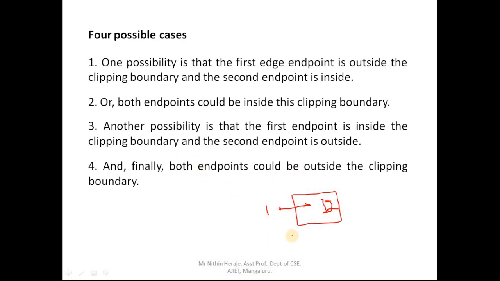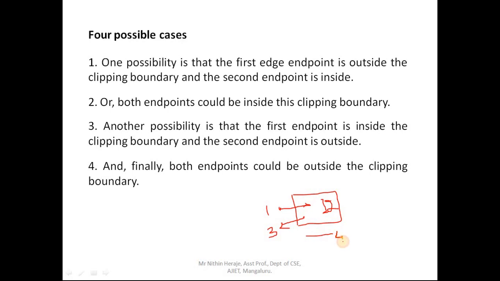Next, another possibility is that the first end point is inside the clipping boundary and the second end point is outside. So this is the first end point and the second end point is outside. This is the third case, from inside to outside. And finally, both the end points are outside the clipping window.